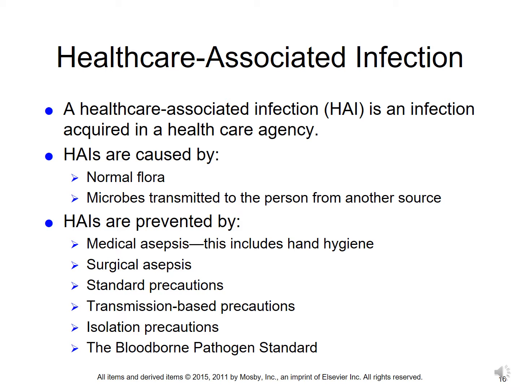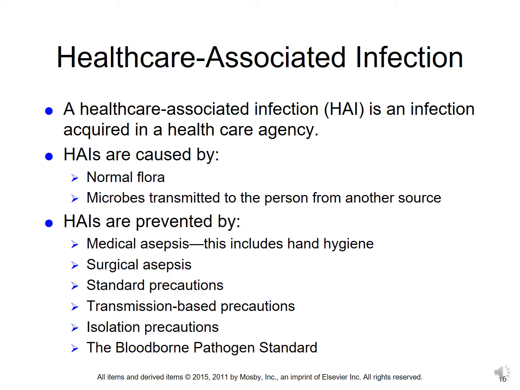One is normal flora. So consider that E. coli lives in your gut, and that is where it normally lives. And you also have good bacteria that are kind of keeping it in check. That's their job in your gut. But then consider wiping some stool from the back to the front, and now that E. coli enters the urethra and goes up into the bladder.